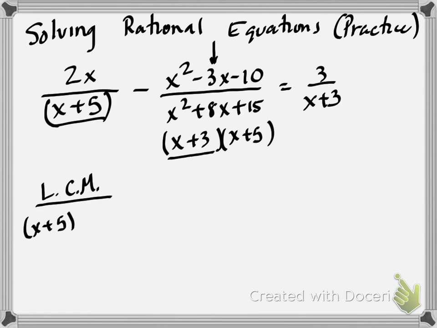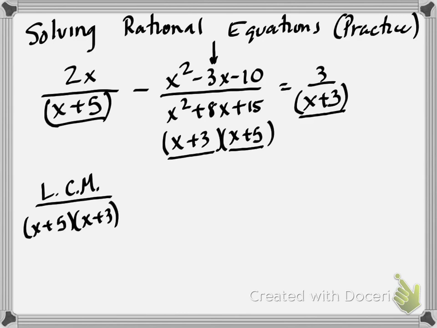If not, I have to add it. Then I look at the second parenthesis. Do I have an x plus 5 in my LCM? Yes, I do, from the first denominator. So that takes care of the middle denominator. Now on the right side, does my LCM include an x plus 3? Yes, it does. And so as I work through each denominator, I'm going to keep adding parentheses as I go if it's not already there.